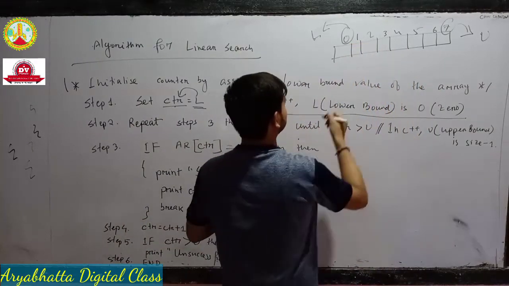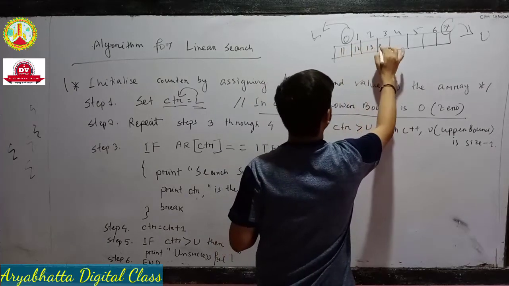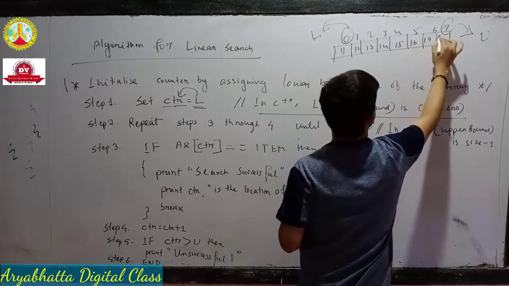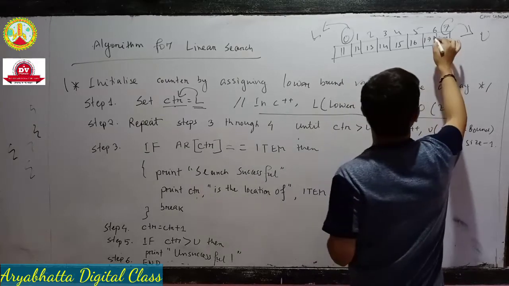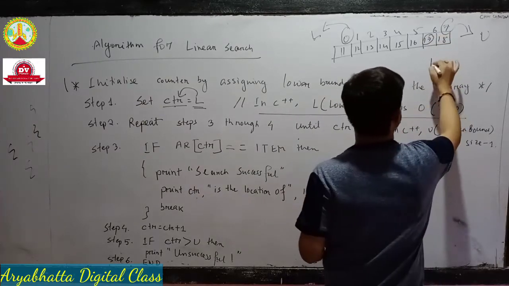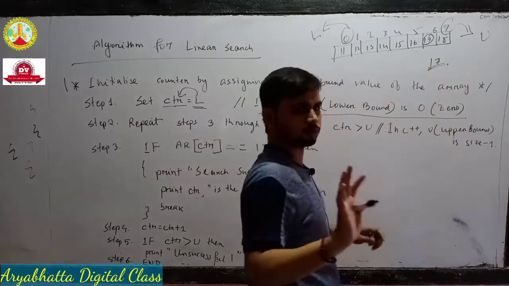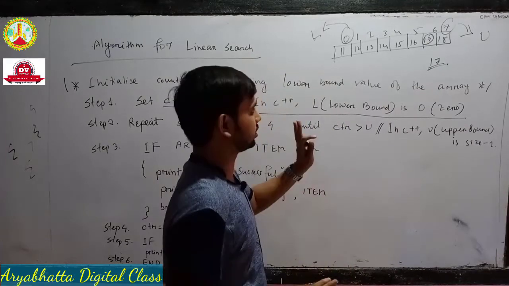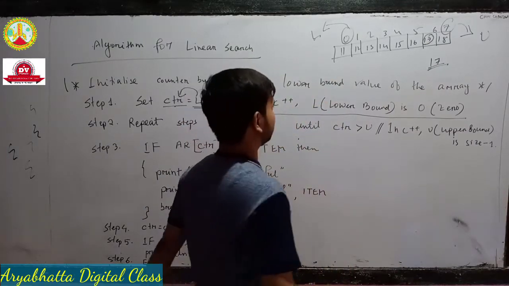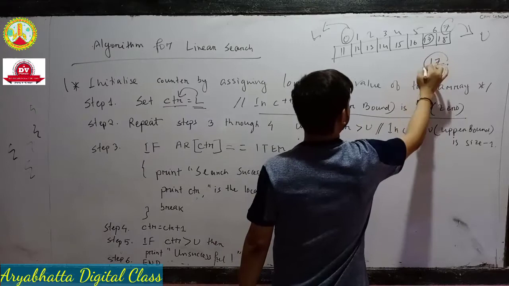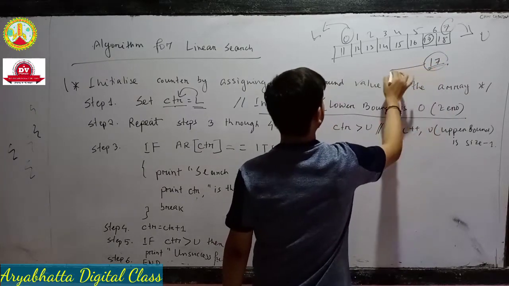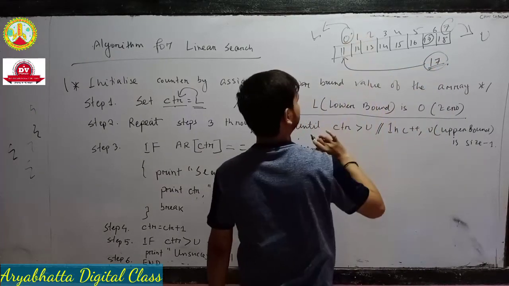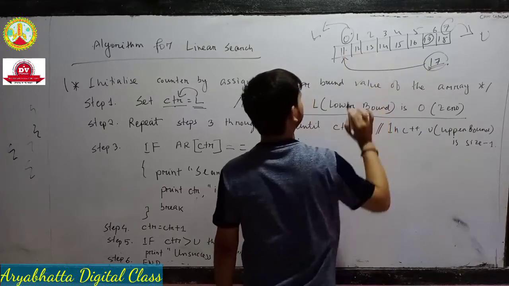Means you go through like that in increment purpose. First suppose this is the array, okay? 11, 12, 13, 14, 15, 16, 17, 18. Suppose your required value, the searching item, is 17. Suppose many possible conditions, okay? This is the first possible condition. Suppose you search this 17, then you first of all go to this, CTR is 0. Compare 17 with 11.